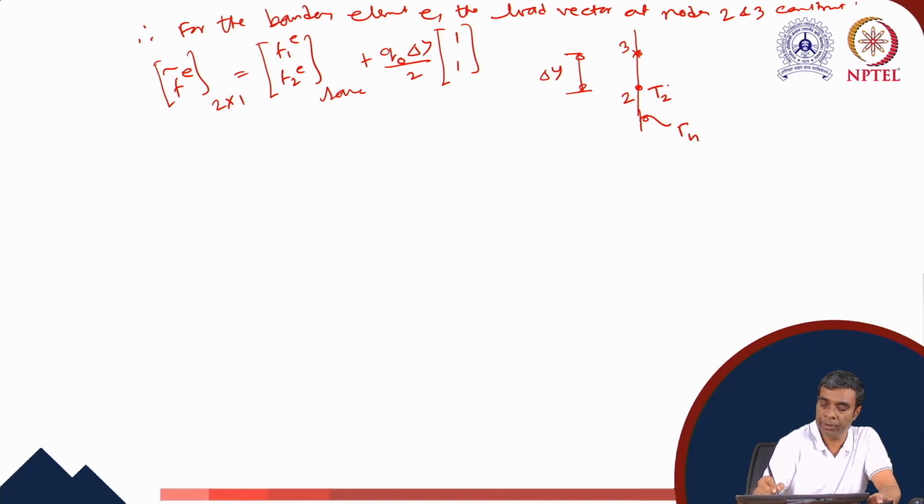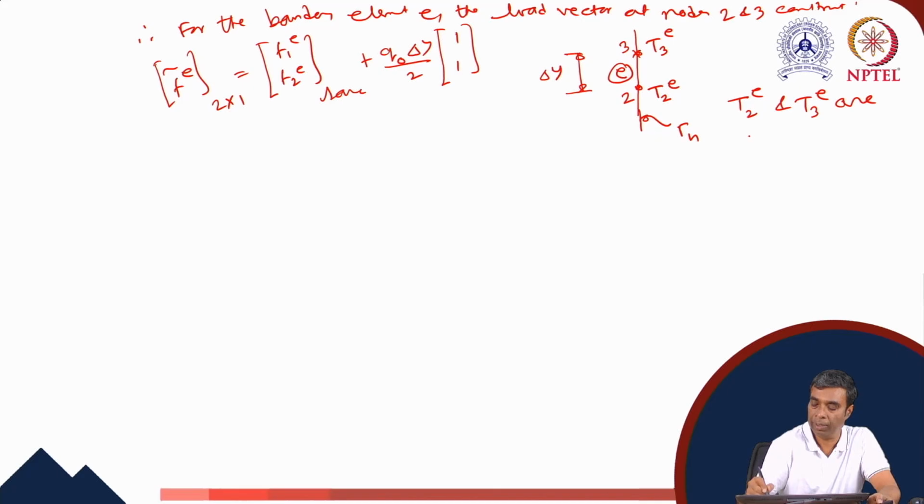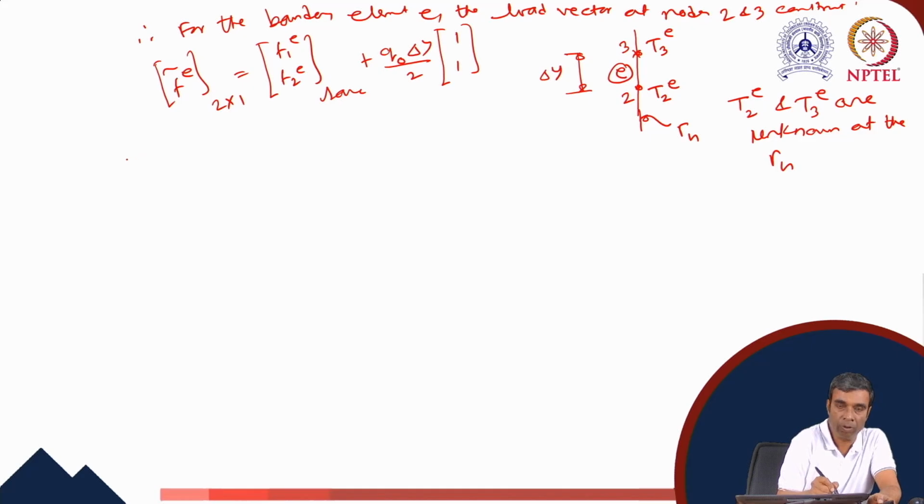So this is T2E, this is T3E, this is for element E. So T2E and T3E are unknowns at the natural boundary.